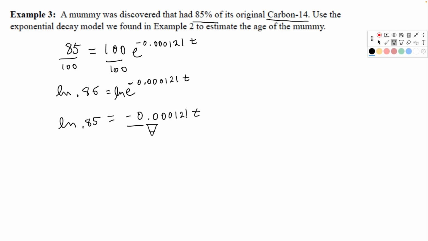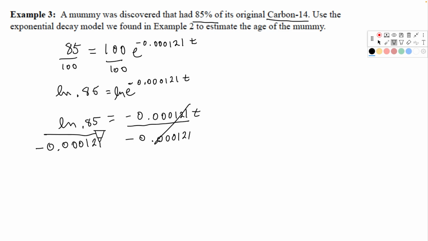We have natural log of 0.85. And then we just need to divide by this number, negative 0.000121. So t is going to be equal to natural log of 0.85 divided by negative 0.000121. Natural log of 0.85 is actually also a negative number, so a negative divided by a negative, you'll see our answer is going to be positive, which means the mummy is not negative years old.